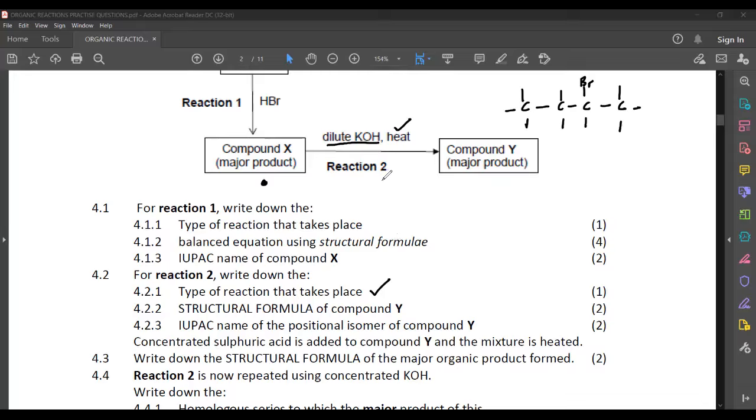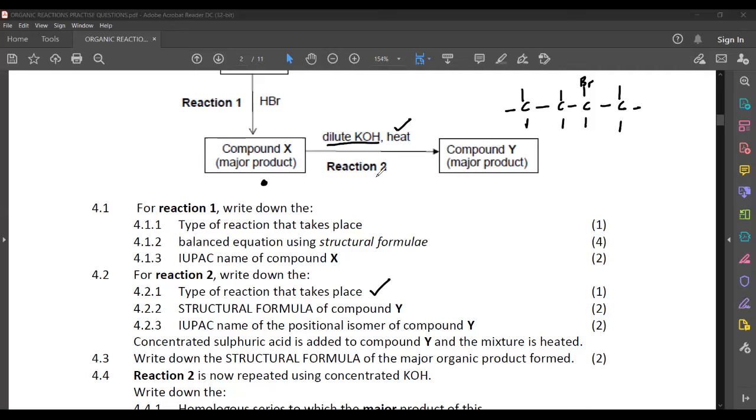So for reaction 2, you're coming from a haloalkane, and you're reacting that with a dilute base in the presence of heat. 4.21, type of reaction that takes place, definitely hydrolysis. Definitely hydrolysis. That's 4.21.